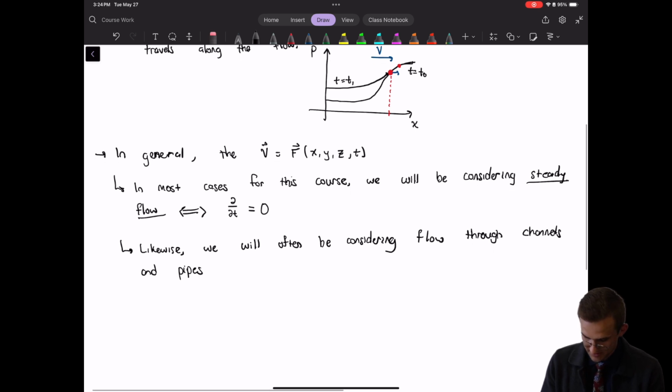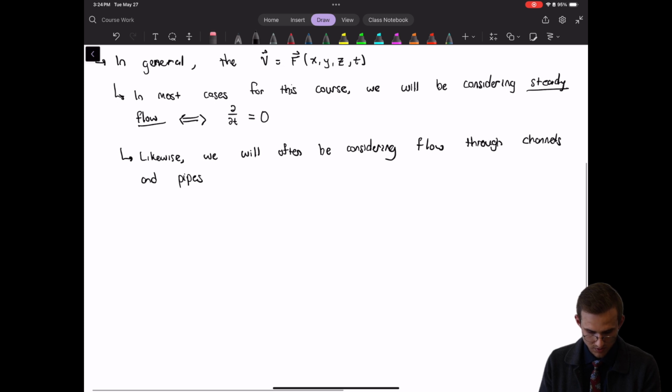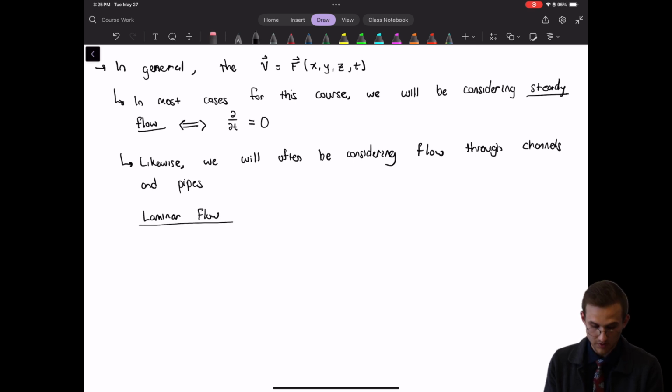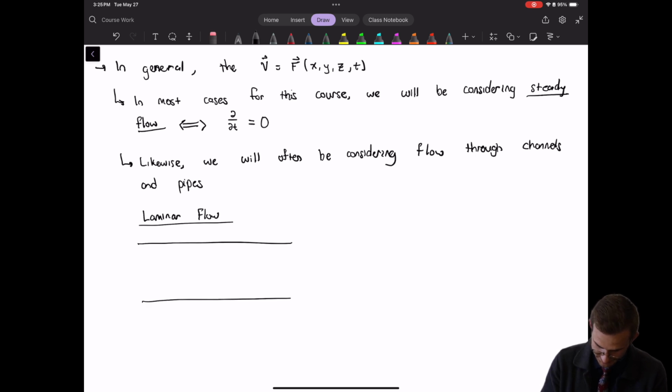Okay, and typically something that you might remember from your fluid mechanics class is that when the flow is laminar, that would be for low Reynolds number or slower flows, the flow profile in the pipe, let's take the example of a cylindrical pipe, would be something like a parabola, right?